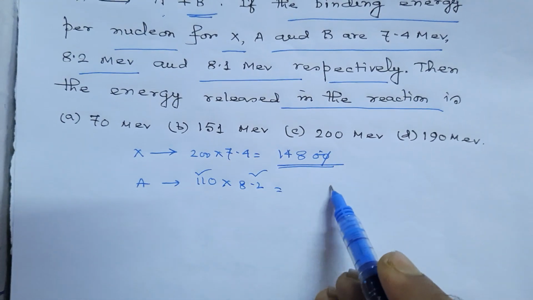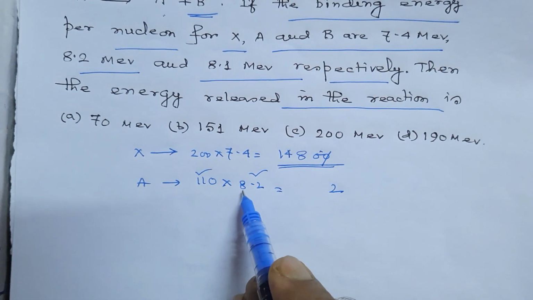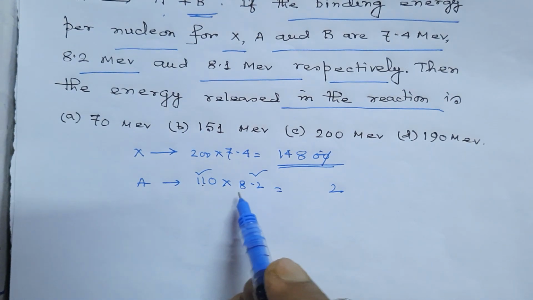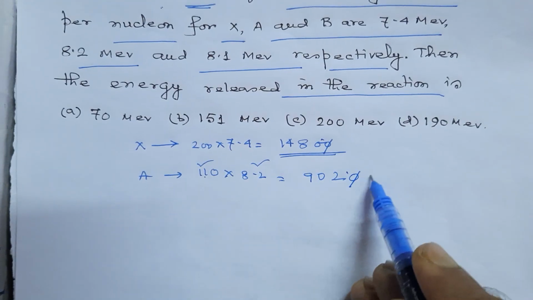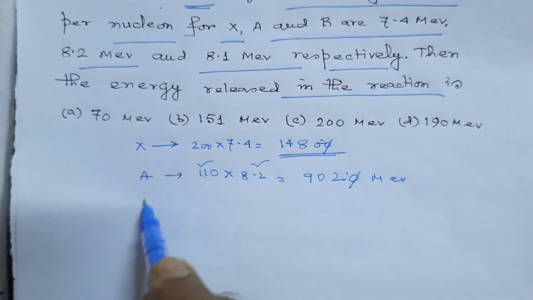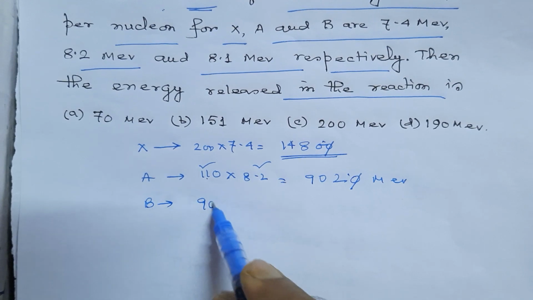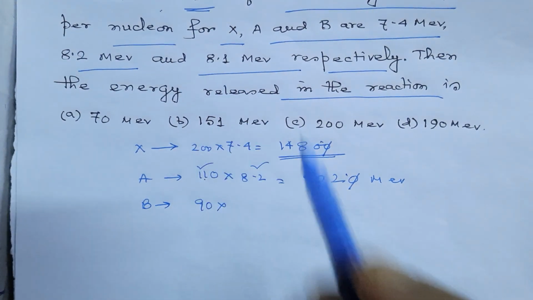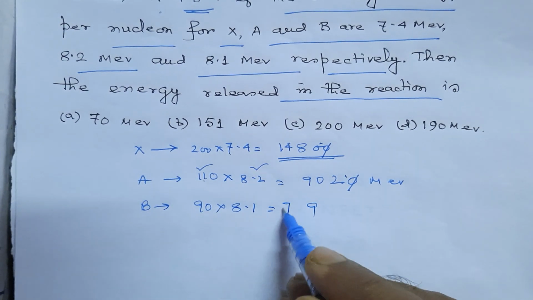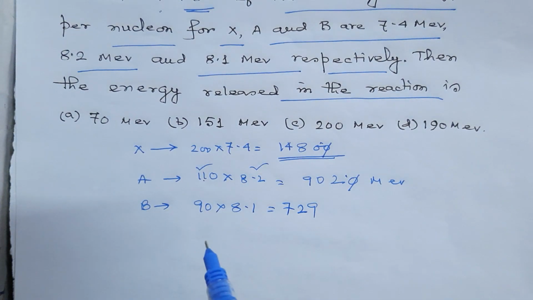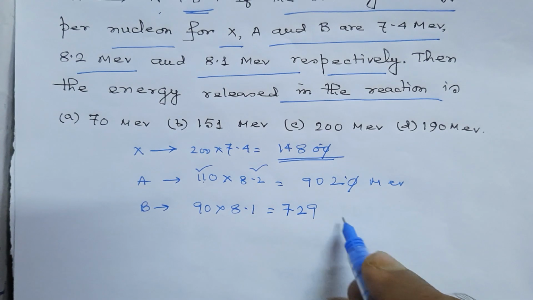110 into 8.2 is 902 MeV. That of B equals 90 into 8.1, which is 729 MeV.